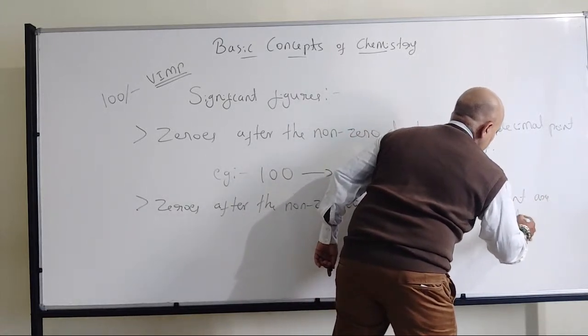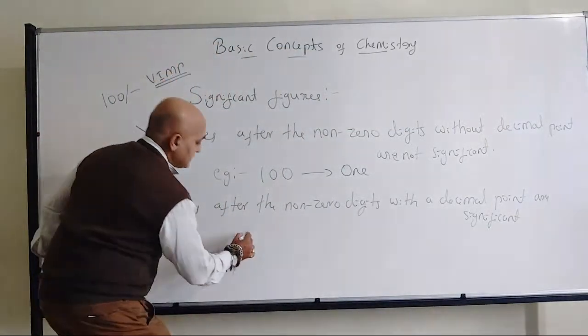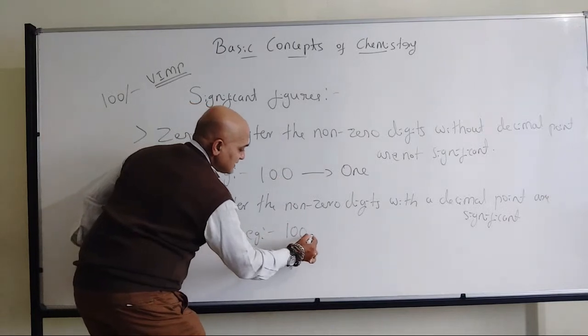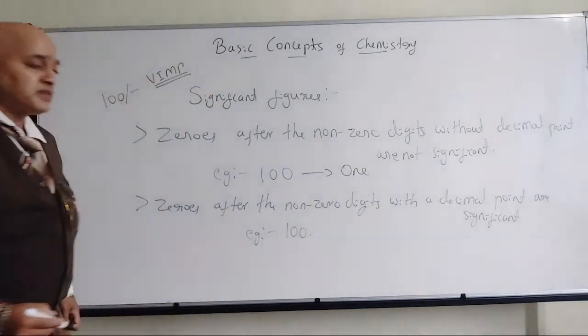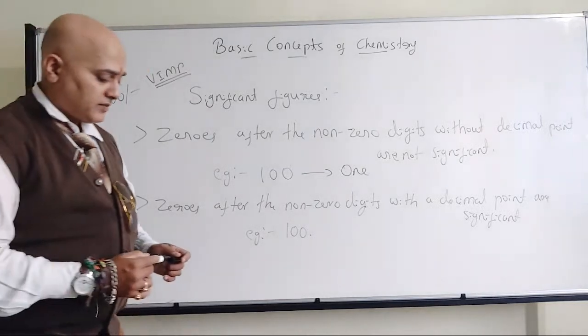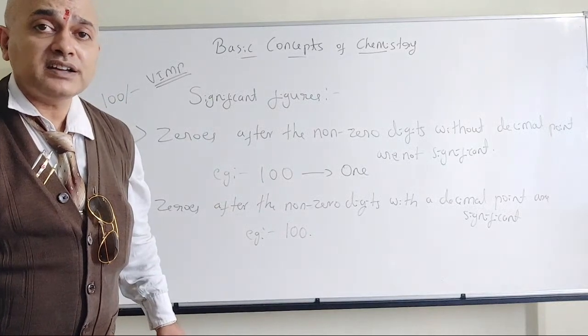If I mention it like this, 100 with a dot, how many significant figures are there?